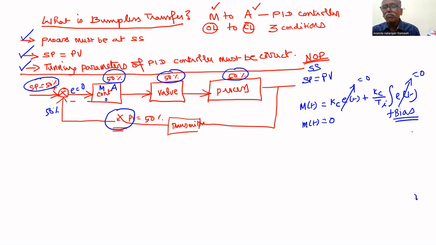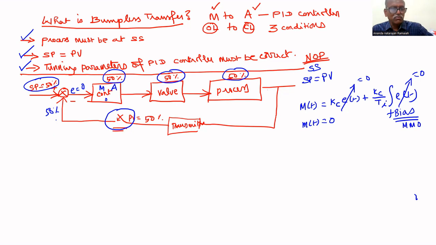That is manual mode output. That should be added in closed loop also. That's why if you transfer from manual mode to auto mode, the controller output should not change. That should be taken as the bias value, additional value.